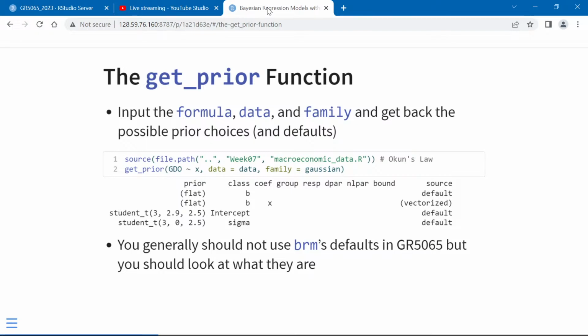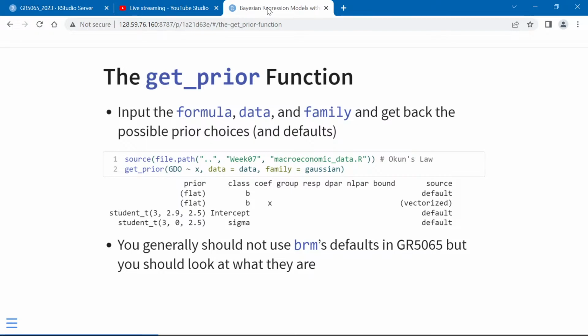So you can just source this macroeconomic data from week 7 to get the data set we've been using to analyze Okun's law. If you call get_prior for a model where GDP is regressed on the change in the unemployment rate over the quarter using a Gaussian likelihood family, we see that the default priors are indicated here.